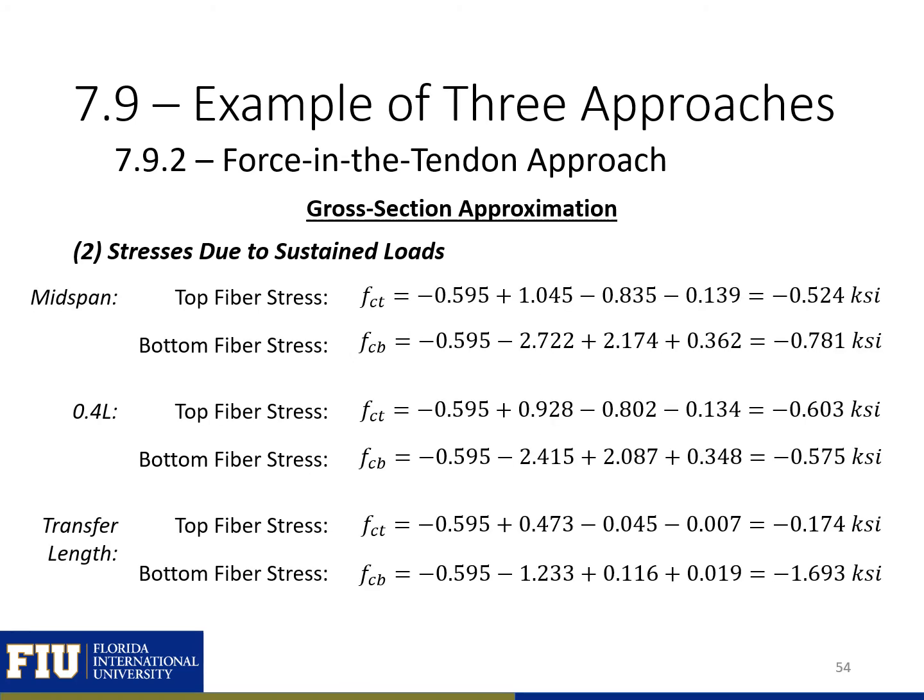We can use the equations on the previous slide with the values from other previous slides to calculate our top and bottom fiber stresses at midspan, at 40% length, and at transfer length. And again, I give you some of these values so you can check these numbers if you want, but the stresses here on the right side are the ones of interest for us.